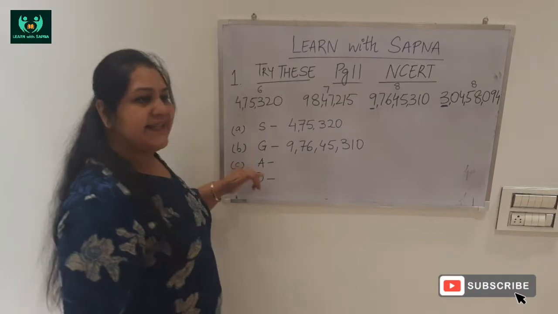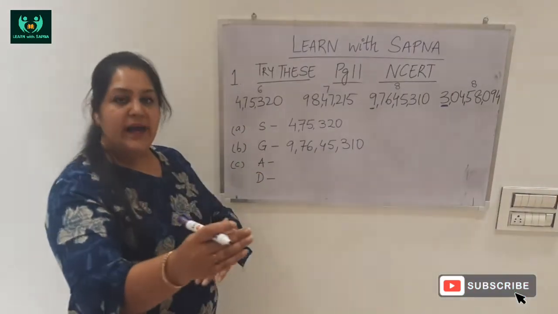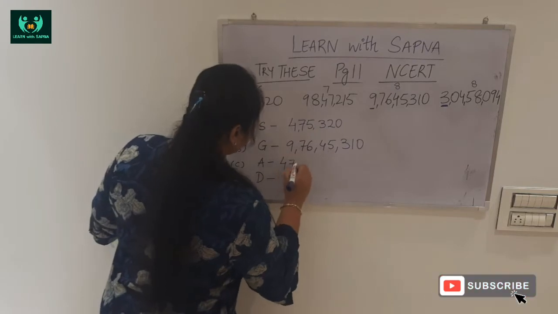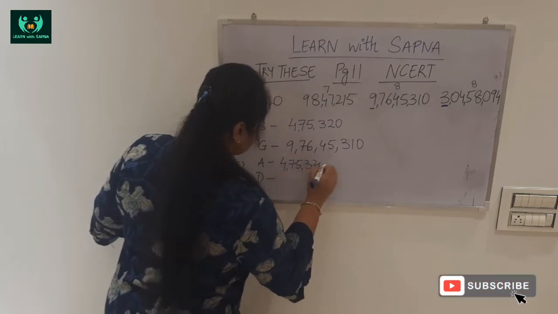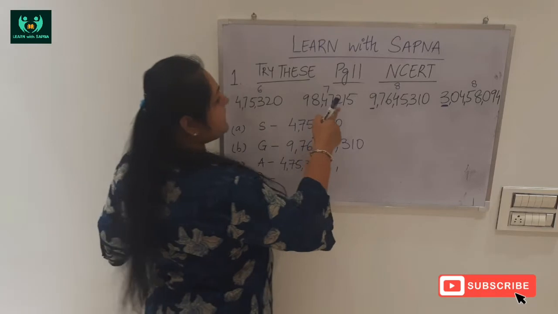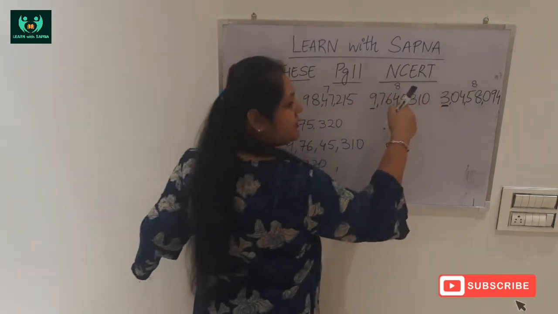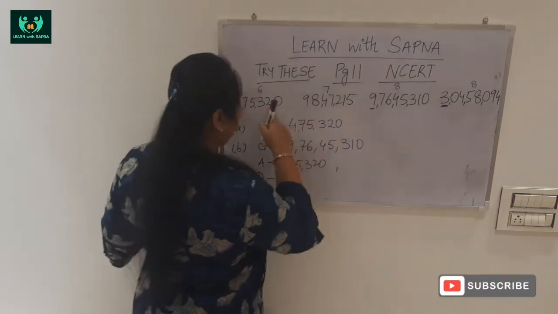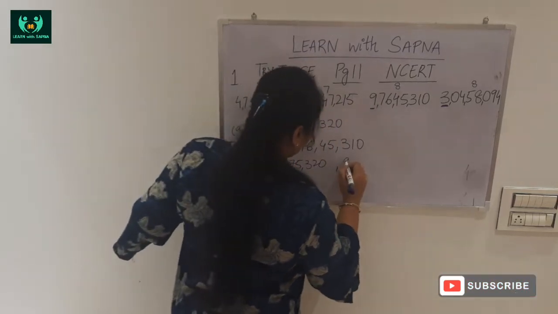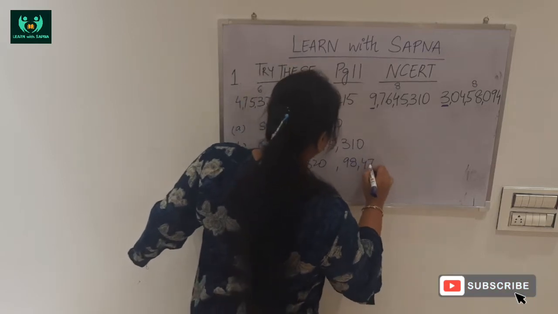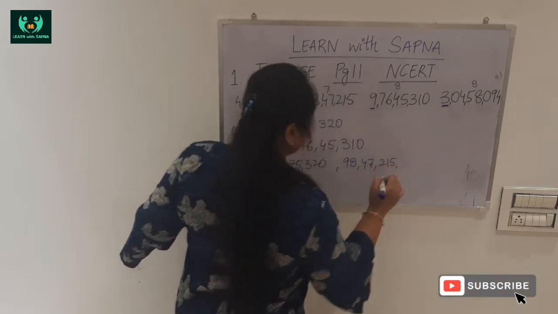Now what do we mean by ascending order? Lower to higher. So which is our smallest number? 4,75,320. Then bigger than that is the 7-digit number, the 6-digit, 7-digit, and these two 8-digit numbers. So the second number is 98,47,215.